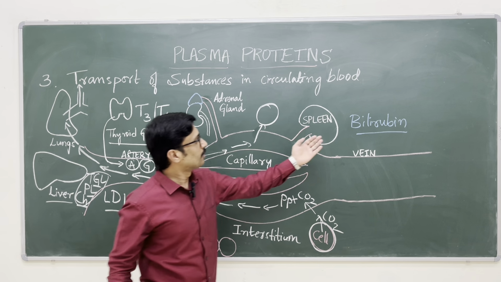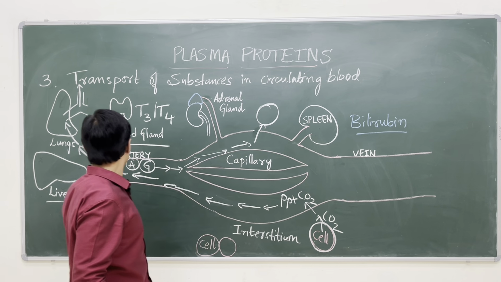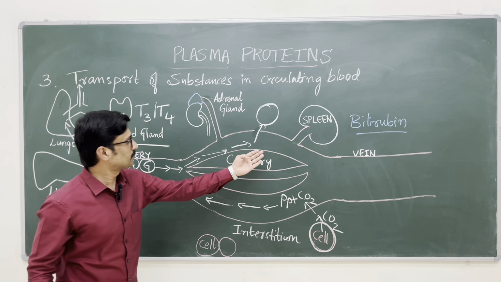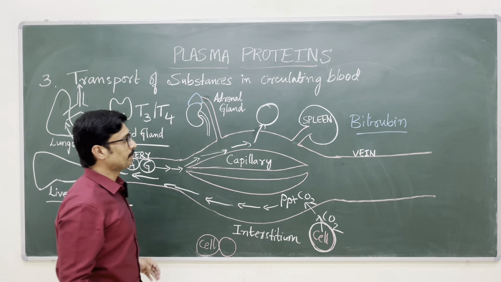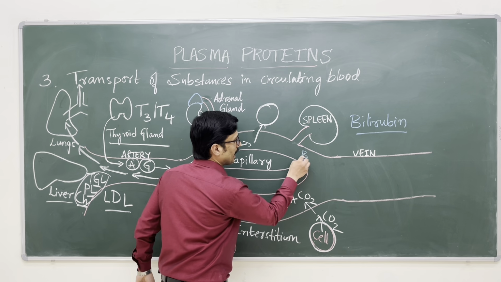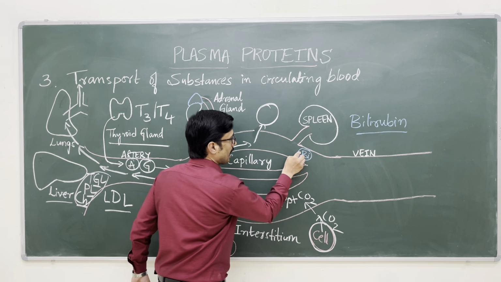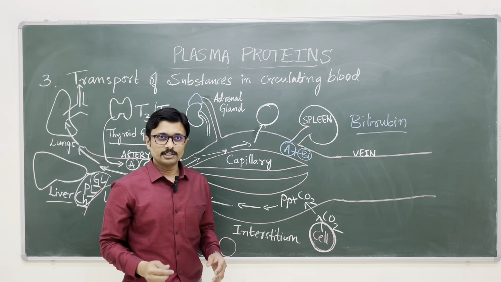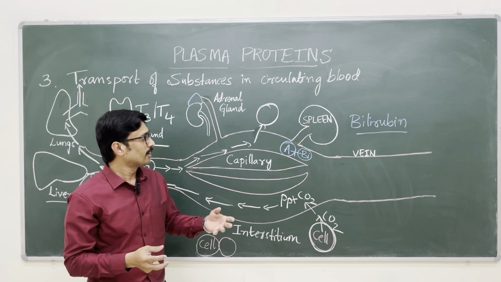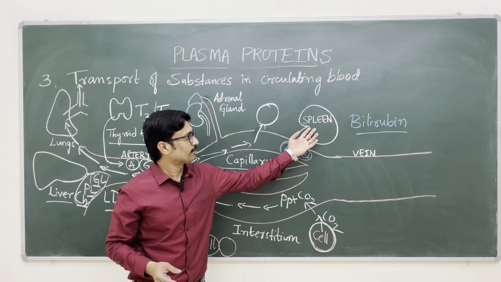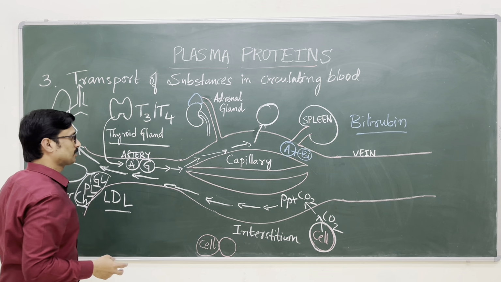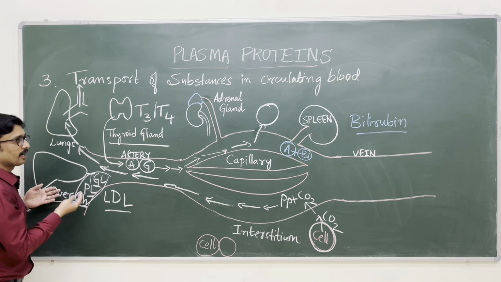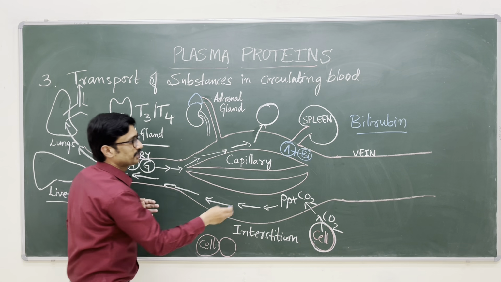But how does this bilirubin from the spleen reach the liver? It passes through the circulation in bound form. The bilirubin is bound with albumin, and this albumin plasma protein acts as a vehicle in carrying the bilirubin from the reticuloendothelial system of the spleen to the liver. So the bilirubin will reach the liver through the circulation by binding to albumin.